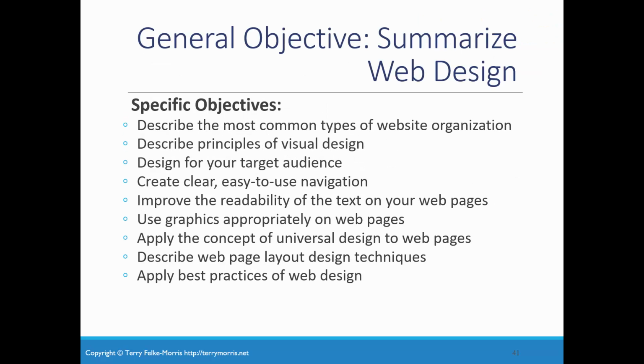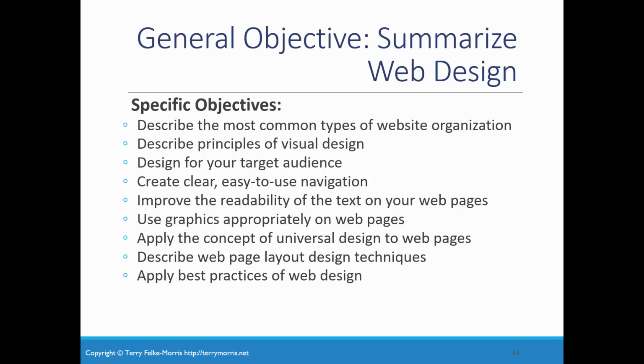And we've reached the end of another chapter. So again, nothing new, so to speak, in this chapter as far as tags or anything else. Rather, we talked about some best practices. We discussed the most common types of website organization, hierarchical, the linear, etc. We described some principles of visual design.